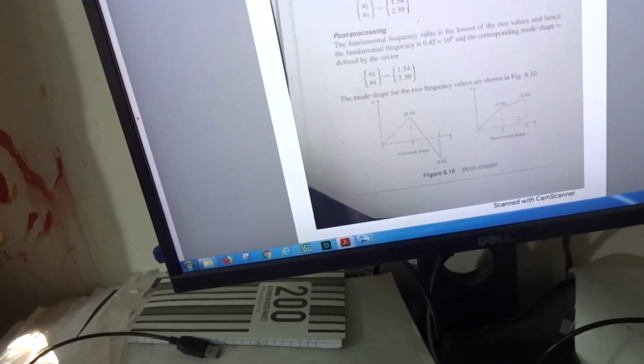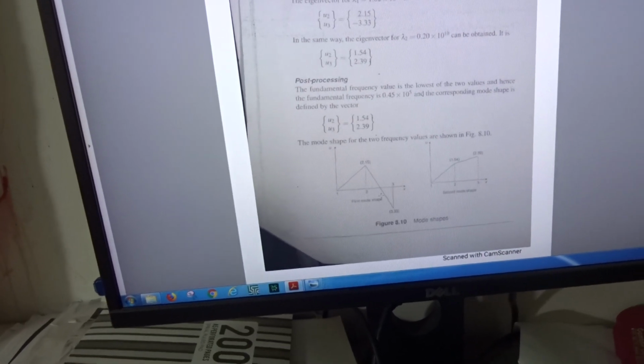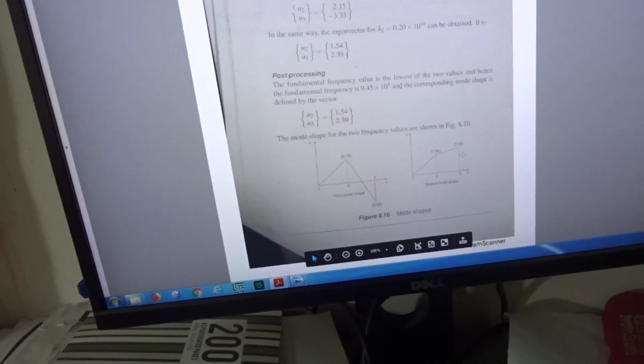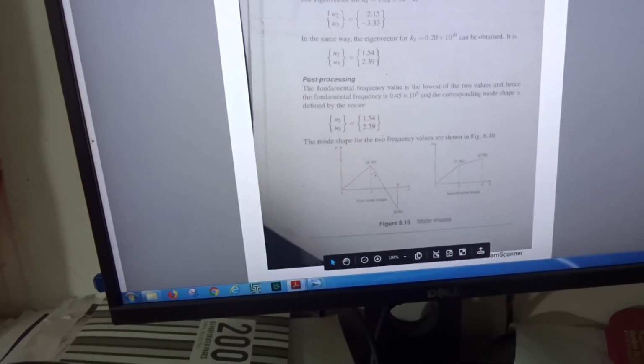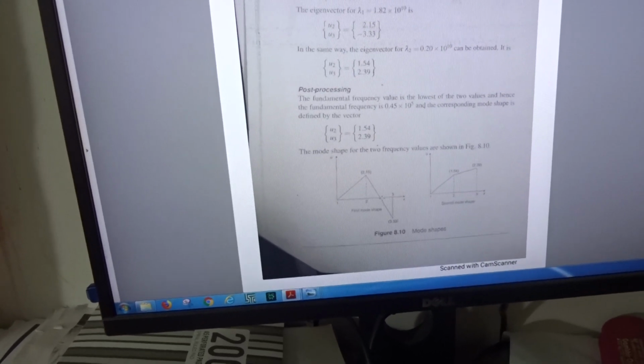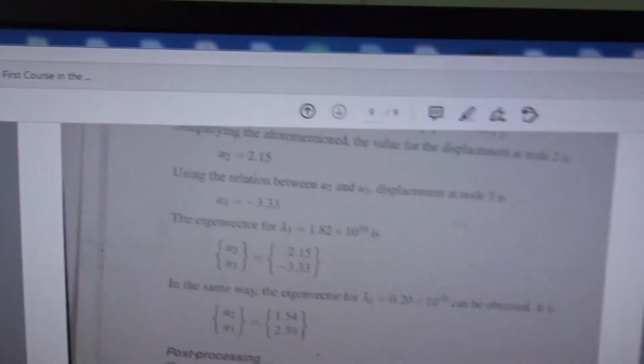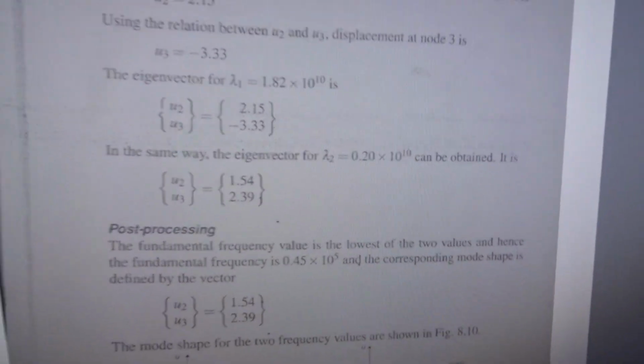For the fundamental frequency you will get this type of mode shape. So this is the mode shape for the fundamental frequency, and this is the mode shape for the second higher frequency. So this is all related to the dynamics of the bar.